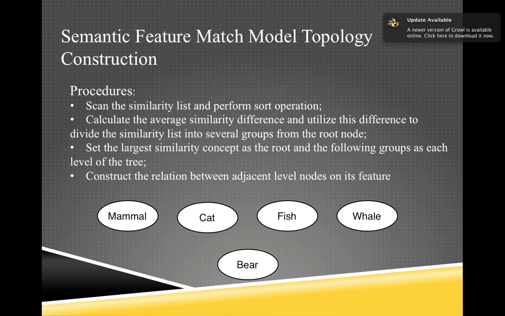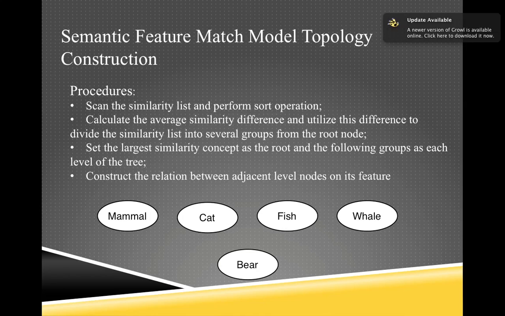If it has the semantic feature, then the node in level n will have a relation with the node in level n plus 1. If not, there will be no relations. So this is the method to build the topology.